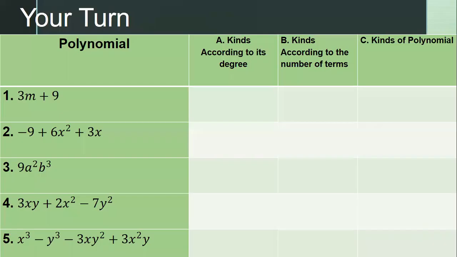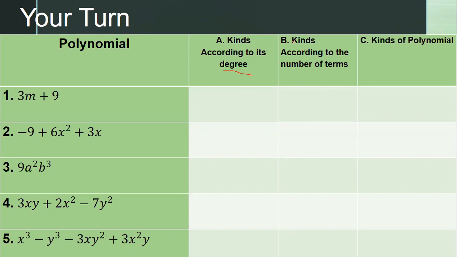Now it's your turn. Try to answer. Try to get the kinds of polynomial according to the degree, whether it's constant, linear, quadratic, cubic, quartic, quintic, and sixth degree, and so on.